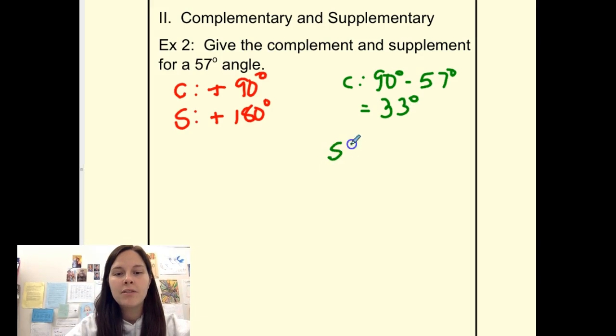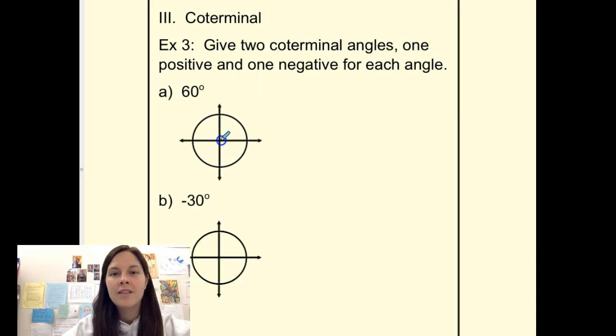To get the supplementary angle, we would take 180 degrees and subtract the 57 degrees, which would give us a result of 123 degrees.